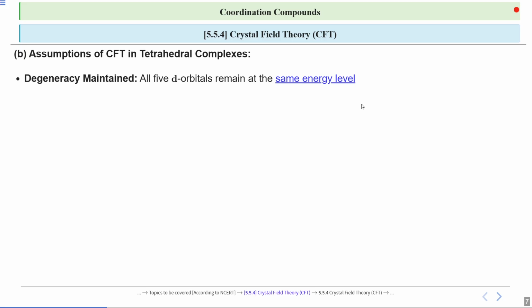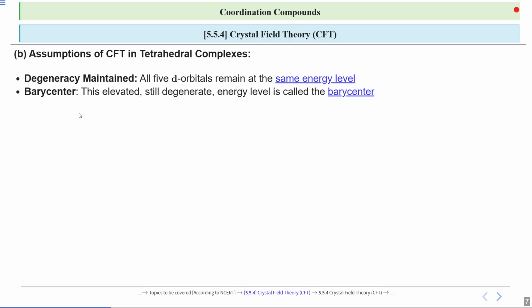But when the ligand moves closer and closer to the central metal ion and enters its symmetrical spherical electrostatic field, the electron-electron repulsion happens between the d orbitals and the ligand, due to which the energy of all the 5 d orbitals is raised, but they still remain at the same energy level, right? So that means the degeneracy is maintained among them.